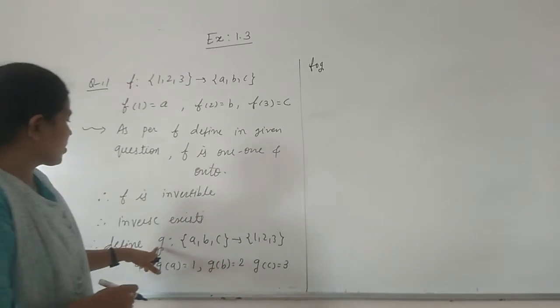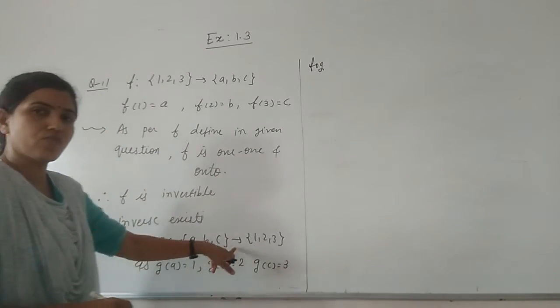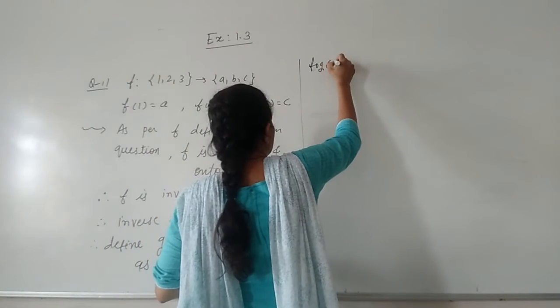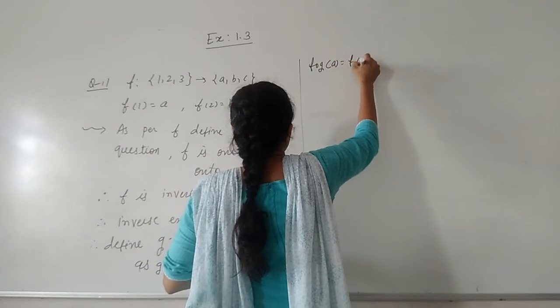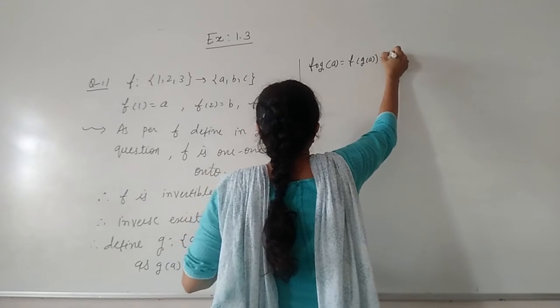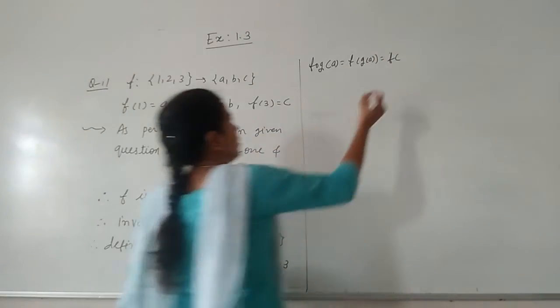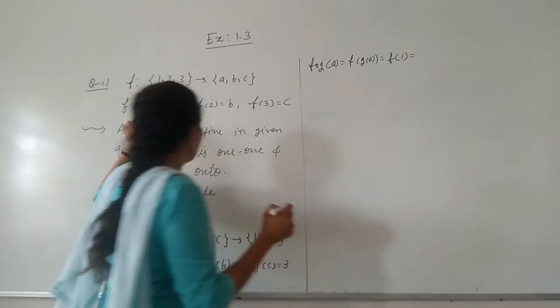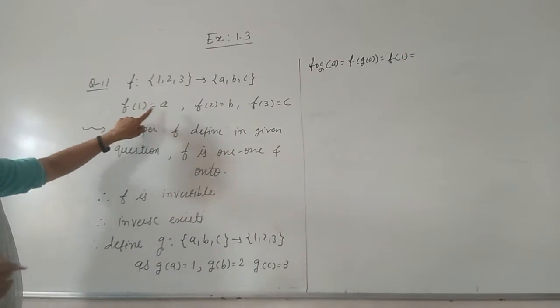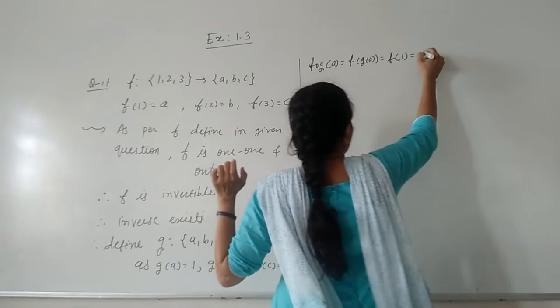So f composition of g. Now g is a function from ABC, so we start from here, g of a. That means f of g of a. That means f of, what is g of a? 1. And what is f of 1? By the definition of the function, it is a.